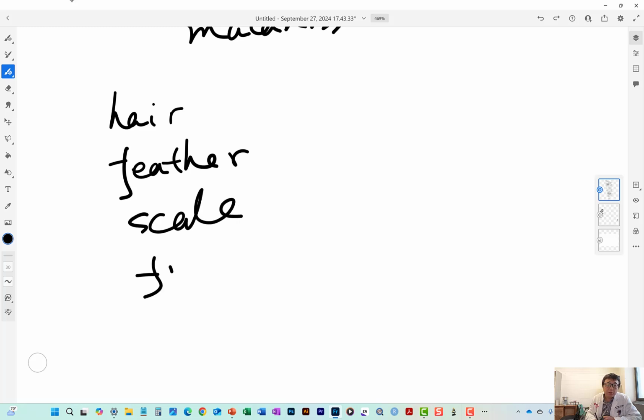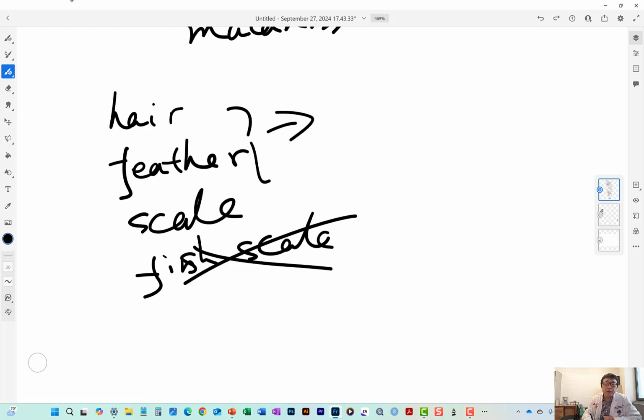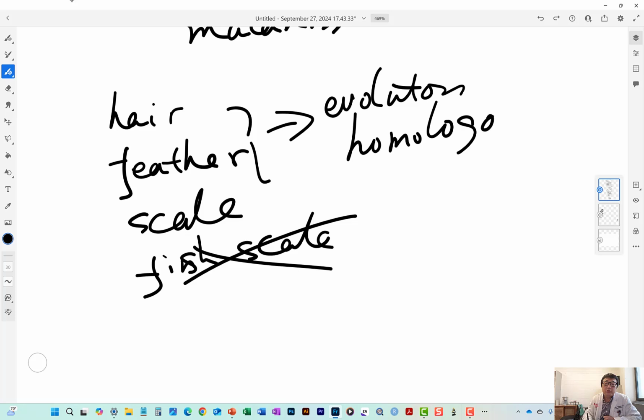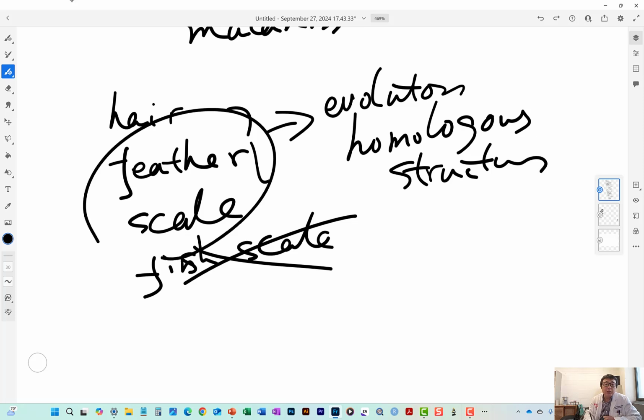Not all of those have the same origin, called homologous structures, evolutionary homologous structures. So all of those came from the papillary dermis. Yeah, I think that's it. That's about the papillary dermis.